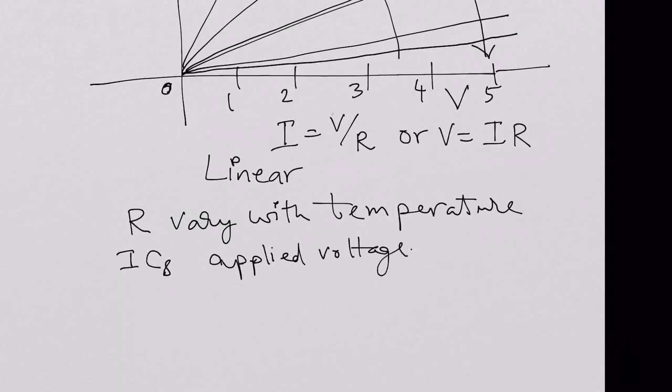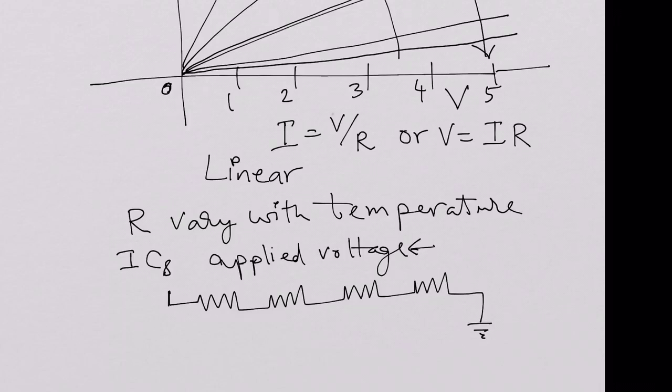And this happens usually only in ICs, because you have something called a substrate, and then say you have a few resistors, say 4 polysilicon resistors, and then you apply a VDD voltage here, which could be say 1 volt, and each resistor is 1 kilo ohm.